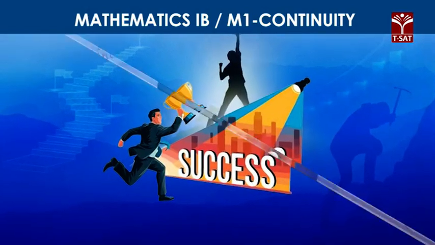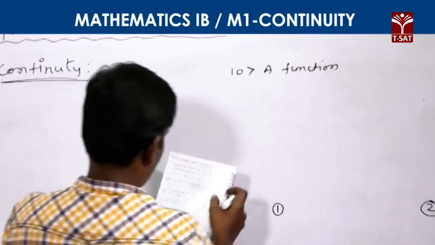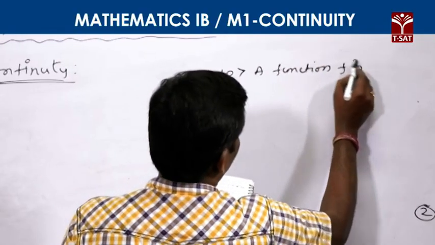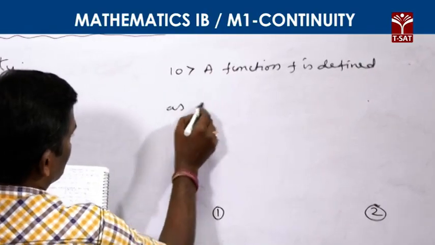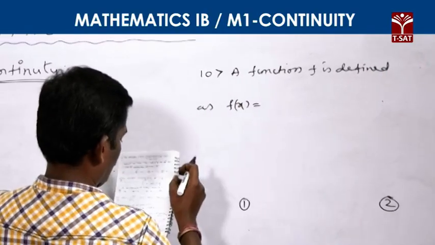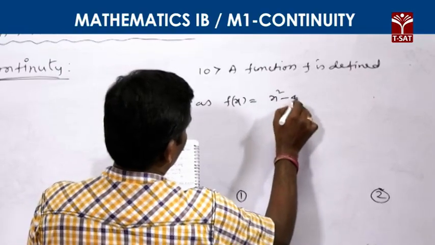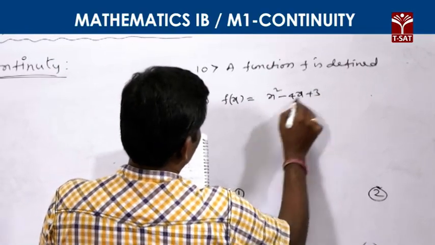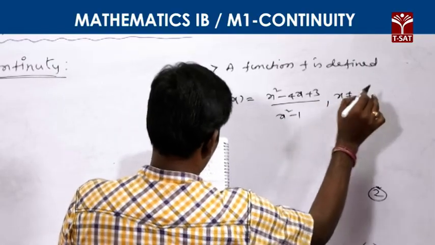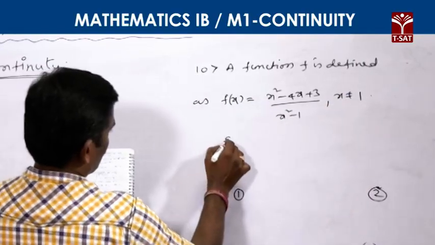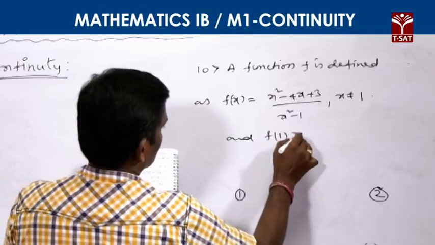A function f is defined as f of x equals x square minus 4x plus 3 by x square minus 1, for x not equal to 1, and f of 1 is 2.